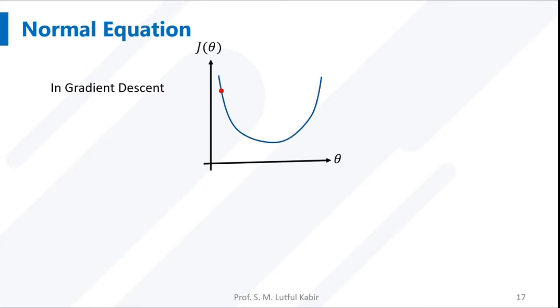So we start with a point over there, and let's start the gradient descent process. Step by step, we'll proceed towards the minimum point, and at one stage, we reach the minimum, which is marked over there. So this is called an iterative process.